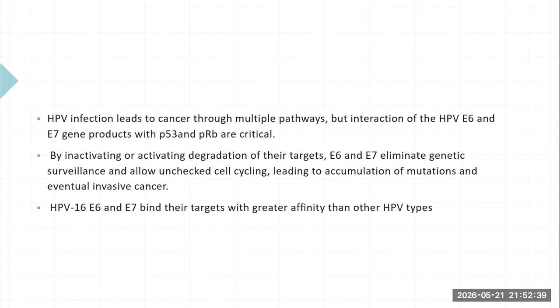By inactivating or activating degradation of their targets, E6 and E7 eliminate genetic surveillance and allow unchecked cell cycling, leading to accumulation of mutations and eventual invasive cancer. This mostly happens when the immunity is decreased, which leads to persistent HPV infection. HPV 16 E6 and E7 bind their targets with greater affinity than other types of HPV.